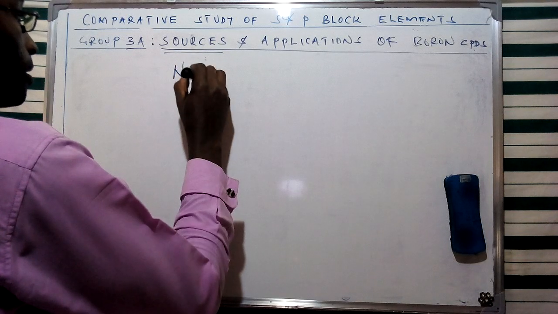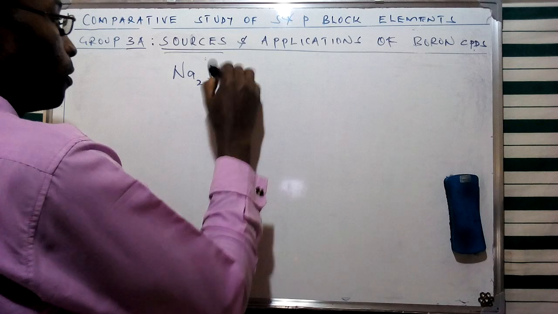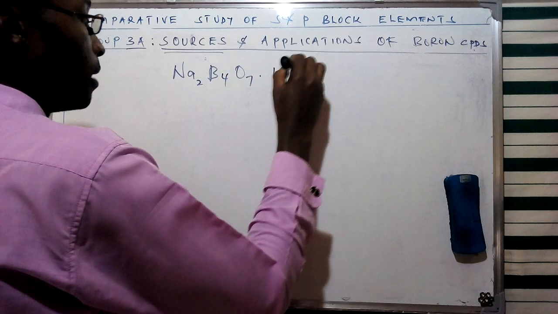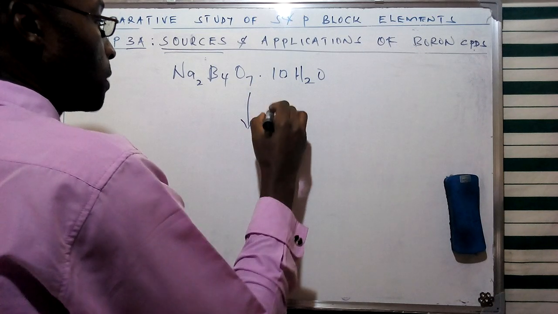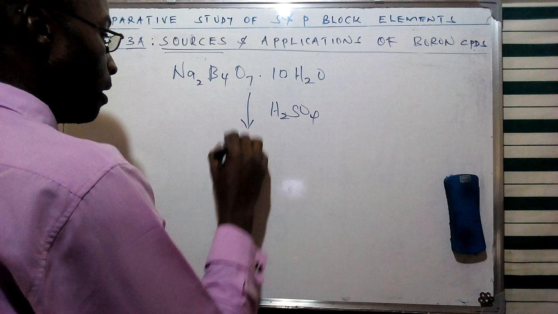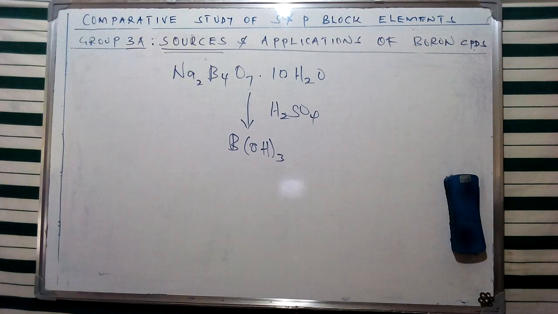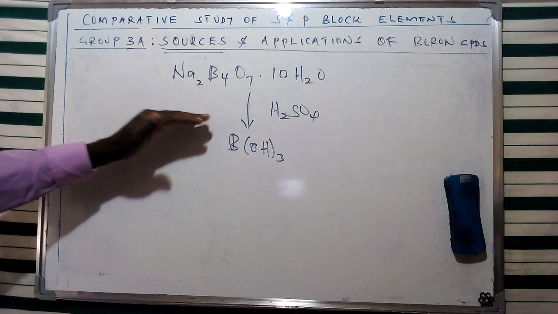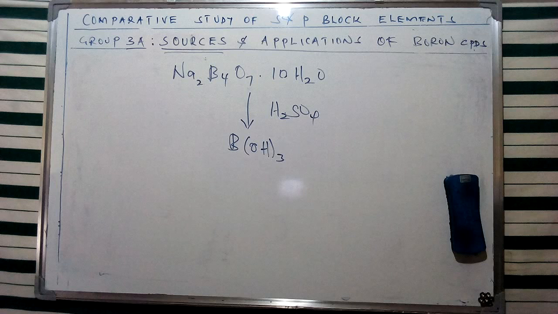So we had said that this salt is a common one, and we have Na2B4O7 with 10 molecules of water given as such. If we expose this compound to sulfuric acid, we form boric acid, and that is also one of the compounds that we obtain from this salt through that reaction.